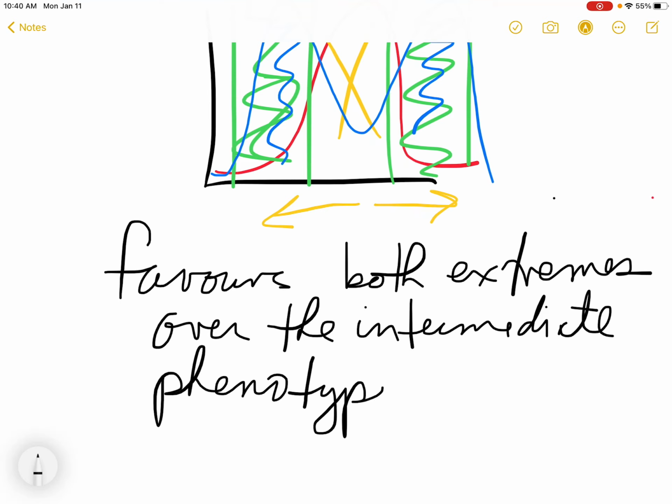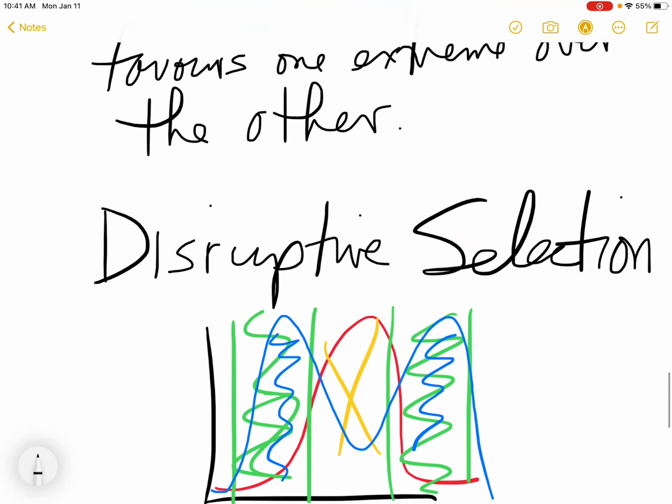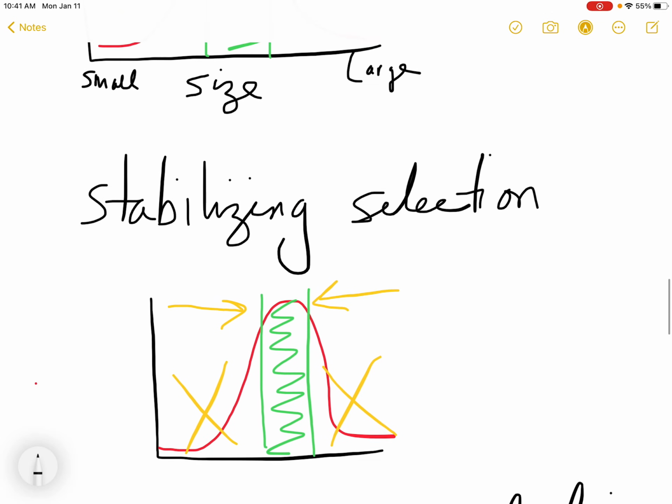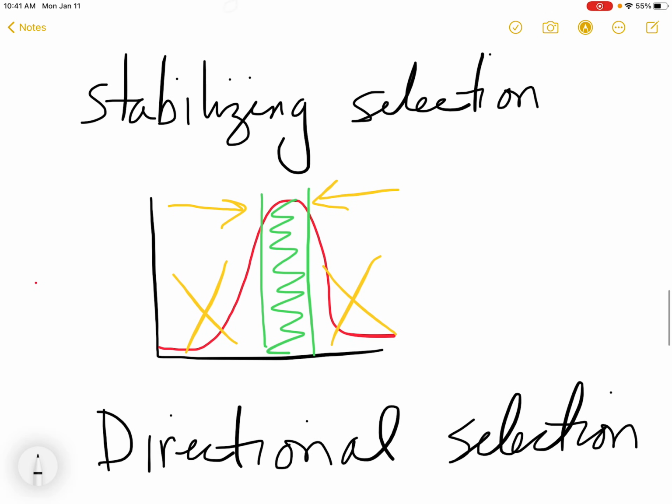So essentially, we're just talking about the different ways that natural selection can push or change a population. A stabilizing selection is one that sort of keeps it where it is. If anything gets too big or too small, they end up dying out, and the green bar here represents where the phenotypes tend to stay, where they were most popular or most numerous to begin with.